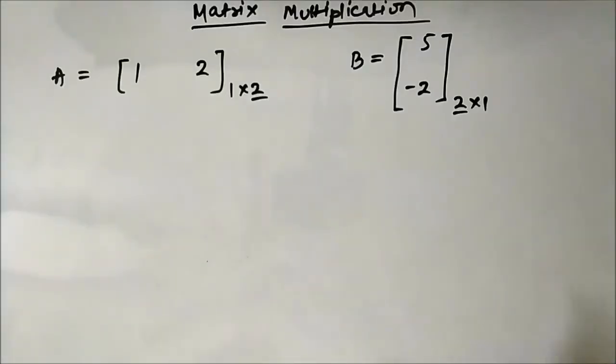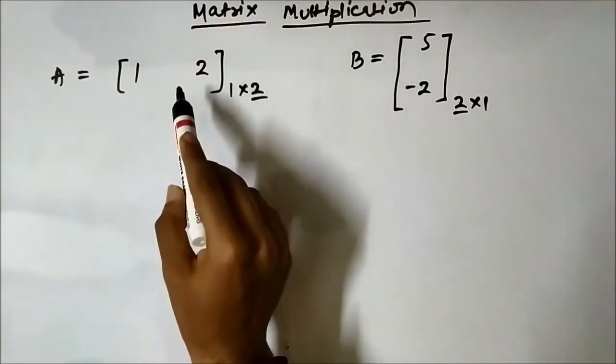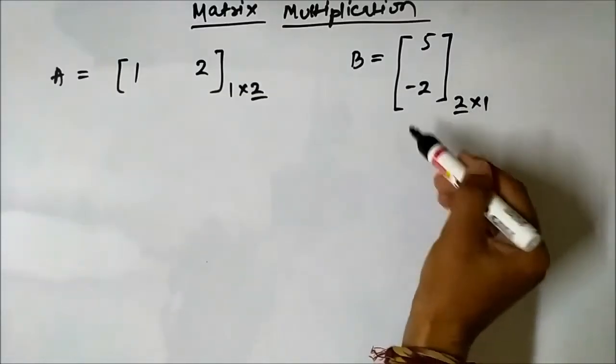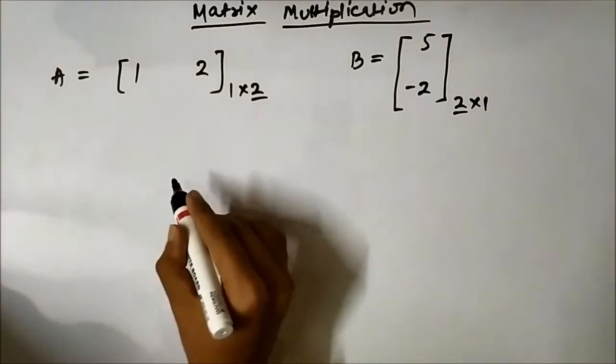So yes, these two matrices are eligible to be multiplied because the number of columns of the first matrix is equal to the number of rows of the second matrix. So now let us perform the multiplication. So how is this multiplication done?